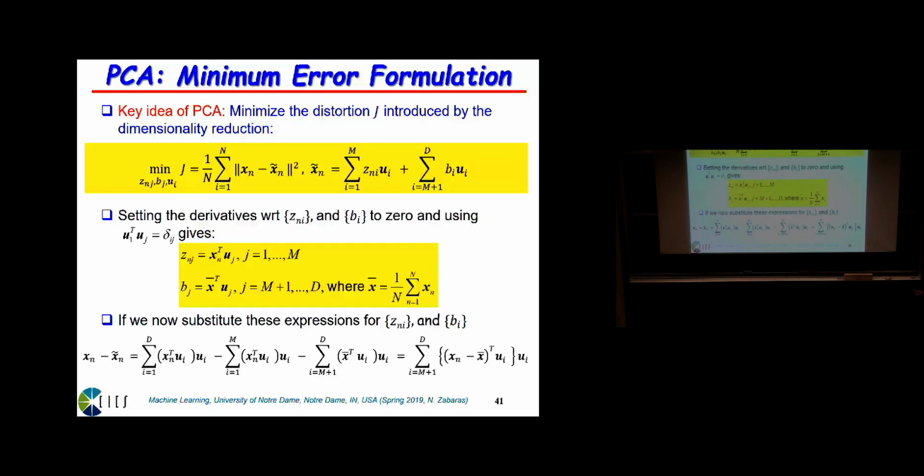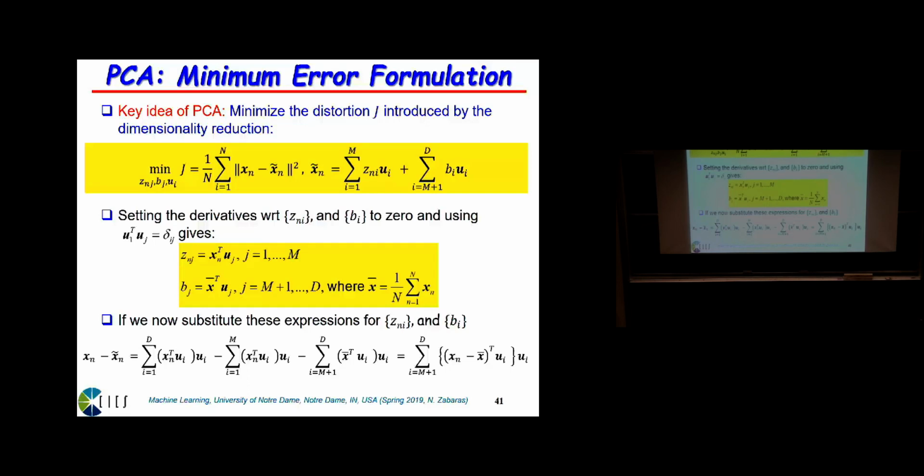And then with minimal algebra, it comes out that these coefficients b, which are the same for all points n, are the projection of the sample mean of the x's. So bj is a projection of the sample mean in the direction uj. You can appreciate what that means: that's why there's no dependence on n, because you're actually projecting the sample mean on uj.